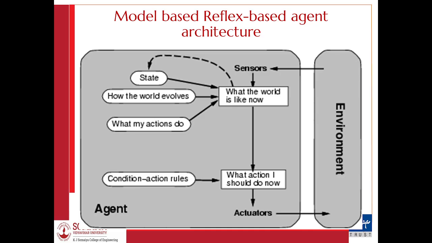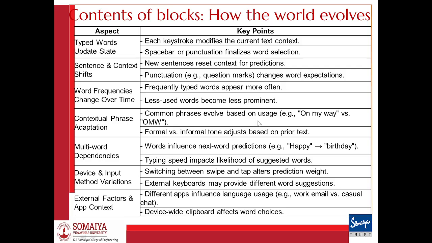So let us go through both the diagrams one by one. This is the diagram of the model based reflex agent architecture, and let us go through the sample contents of every block for this one, followed by the architectural diagram of the learning agent. To see the sample contents of how the world evolves, it would contain the words and the contextual information.